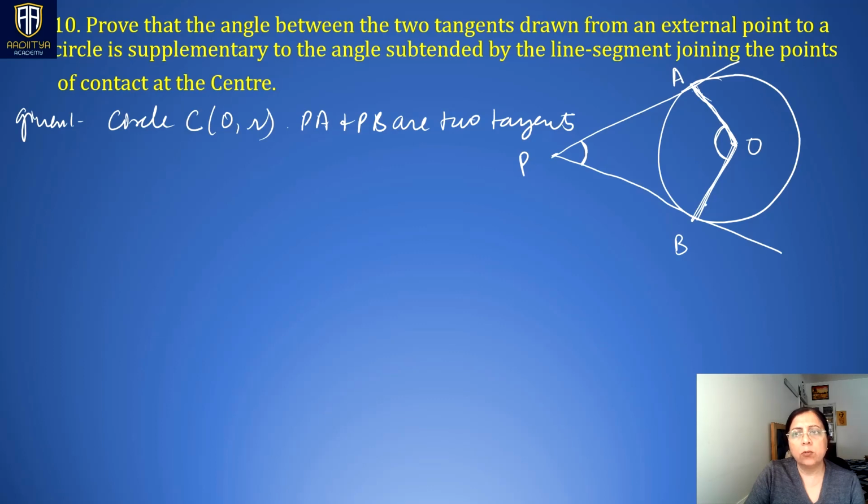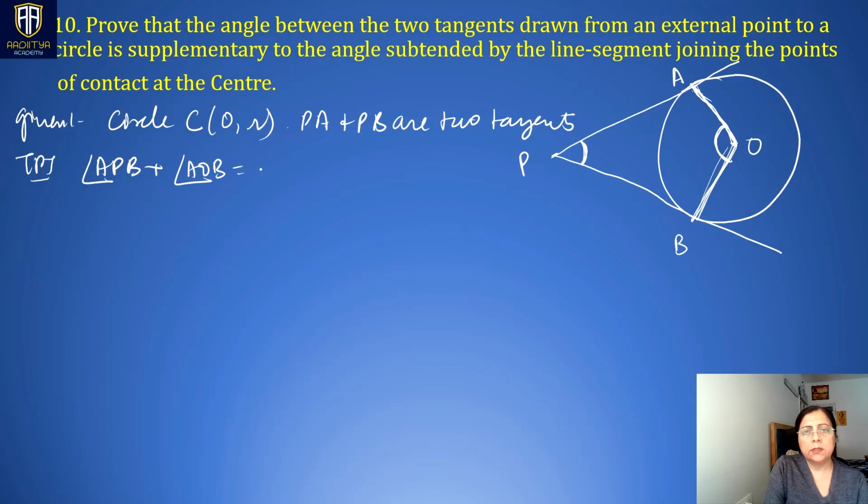That means OA and OB are two line segments which are joining the points of contact A and B at the center. We have to prove that angle APB plus angle AOB is 180 degrees. This is very basic question.